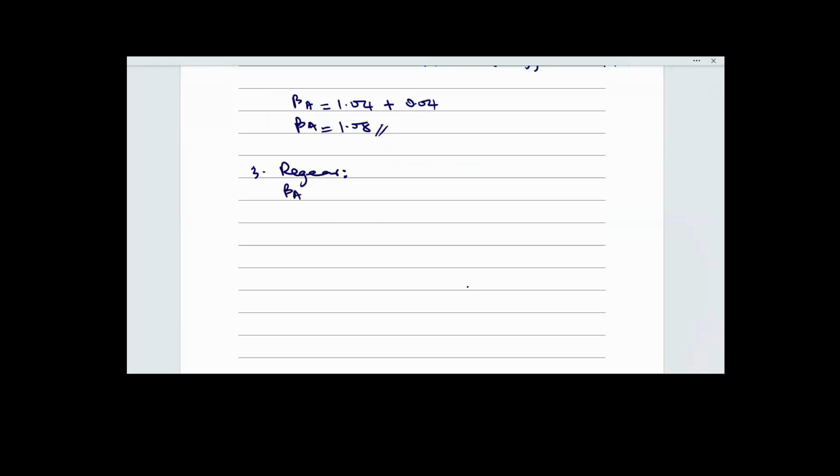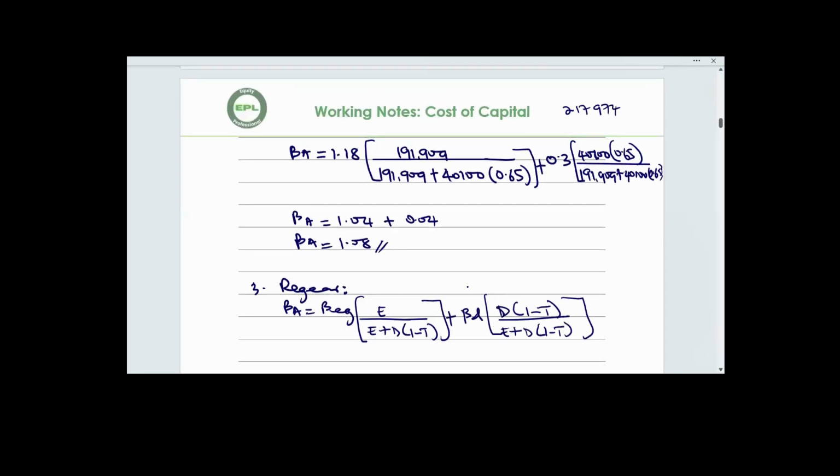Therefore, beta assets equal to beta equity of a gear multiplied by equity value over equity plus debt (1 minus tax), plus debt beta of the main company times debt of the main company into (1 minus tax of the main company), divided by equity plus debt (1 minus tax). Okay, so in step 2, we use the information of the proxy company.